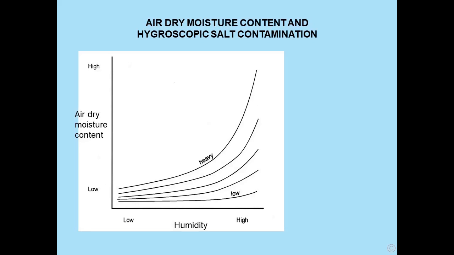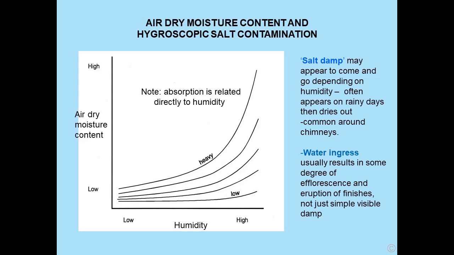However, look what happens when we get heavy contamination. In a low humidity, it's probably not noticeable. There is more absorption of water from the air, but when the humidity is high with heavy levels, we get a massive increase in water absorbed from the atmosphere. The highest I've come across is 24%. All that moisture was hygroscopic. So the absorption is related directly to humidity.